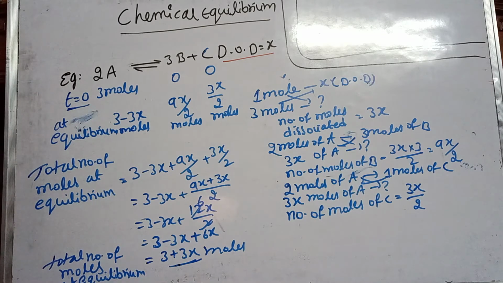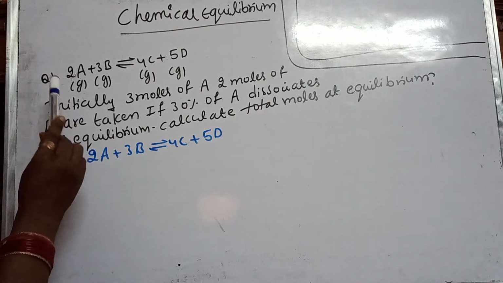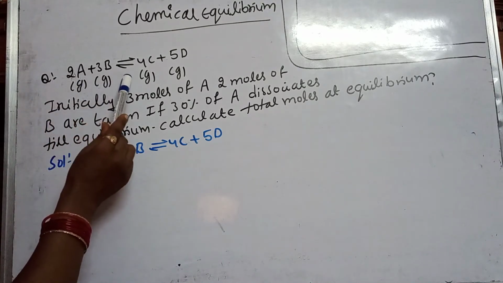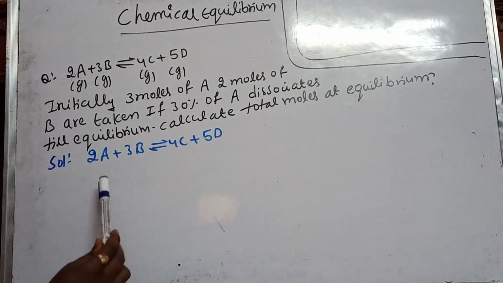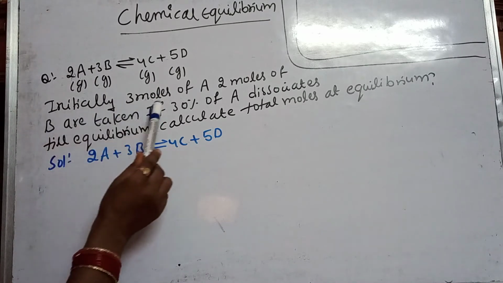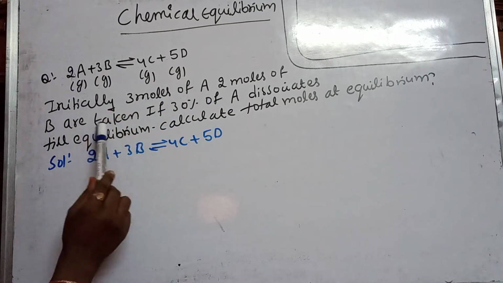Then let us discuss one more example. So next problem, see here. The given reaction is 2A plus 3B gives rise to 4C plus 5D. Initially 3 moles of A and 2 moles of B are taken.